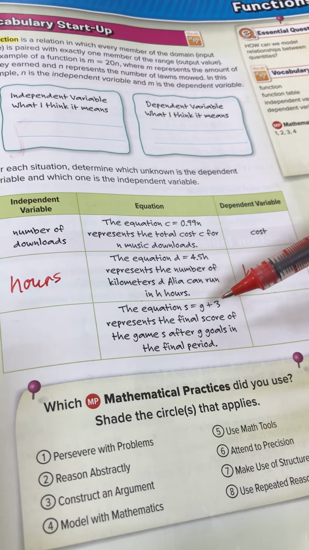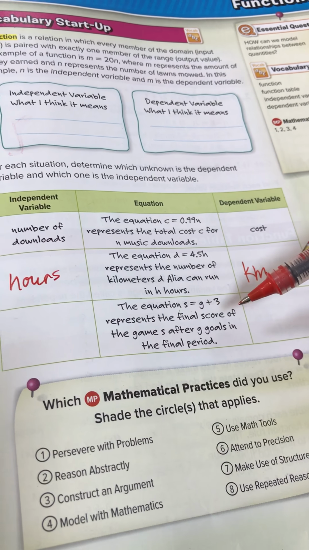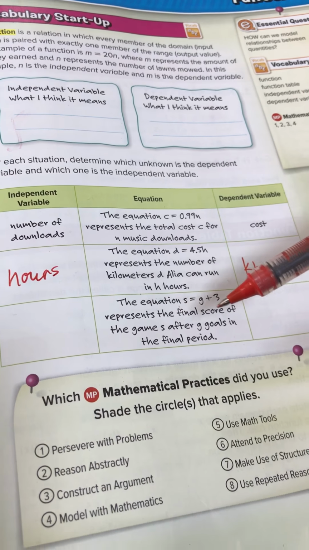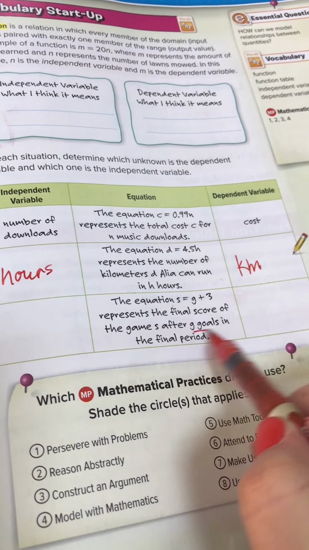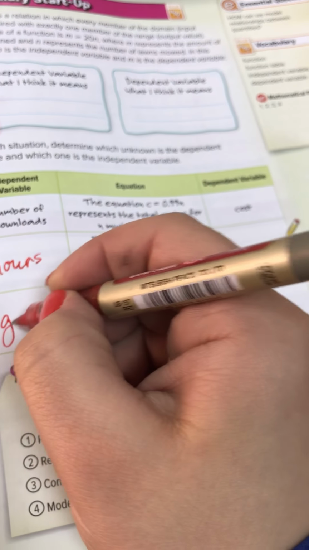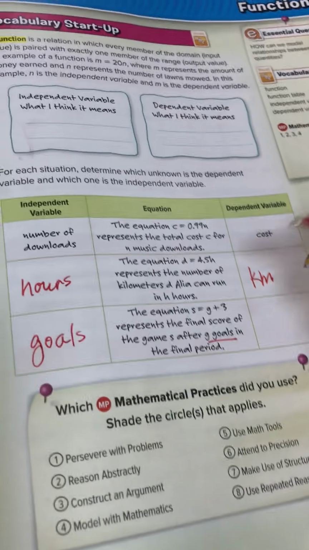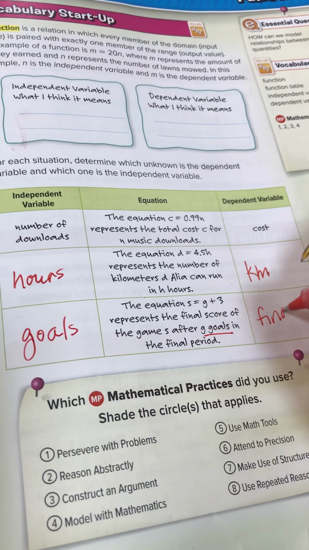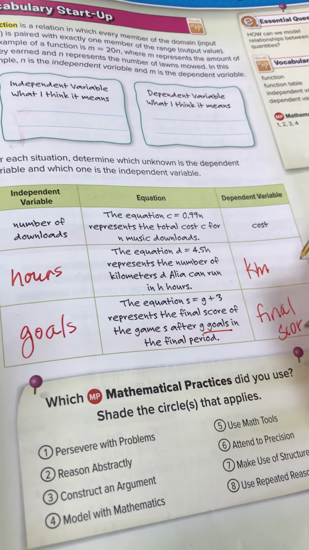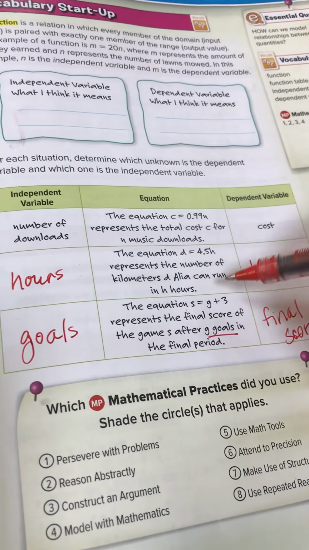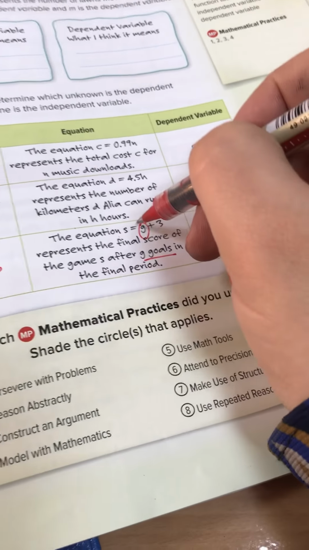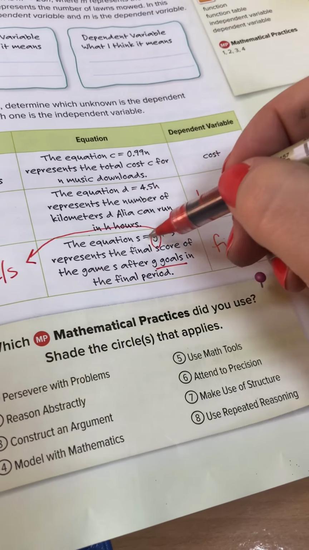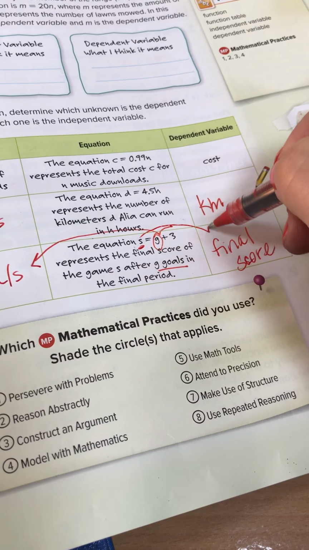It says the equation S equals G plus 3 represents the final score of the game S after G goals in the final period. So G goals is your independent, and then the final score is your dependent. If you're looking at the equation, your G is inside the equation, so it is your independent variable, and the S is your dependent.